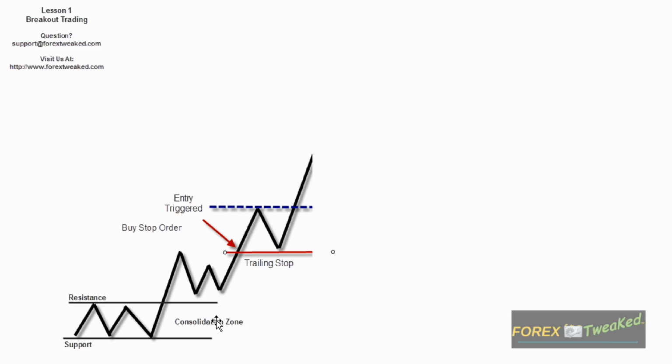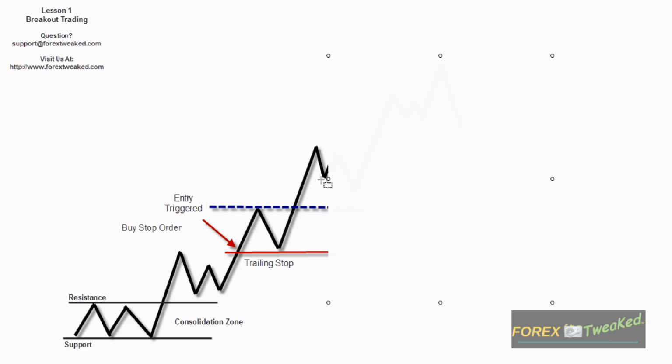Based on that, I went ahead and moved my stop loss from this zone to this support area. Now we just repeat that process over and over for as high as we can go in the trade, and that's how you typically handle a breakout trade after the actual entry.